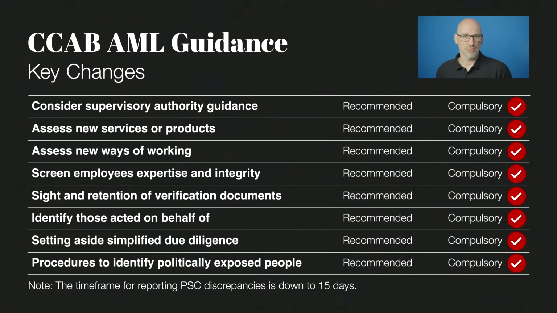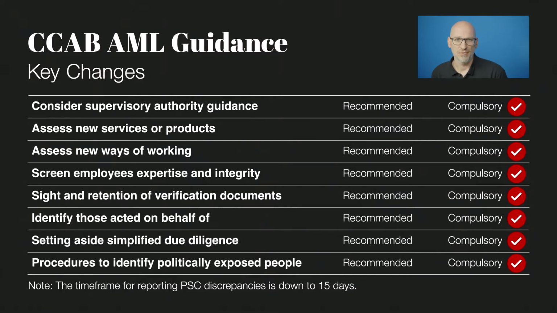Whichever supervisory body you're a member of, they will also be producing their own guidance that may create additional responsibilities on you as a member of that professional body. And the guidance is quite clear that where there is additional responsibilities placed upon you, then you have to adhere to those as well.